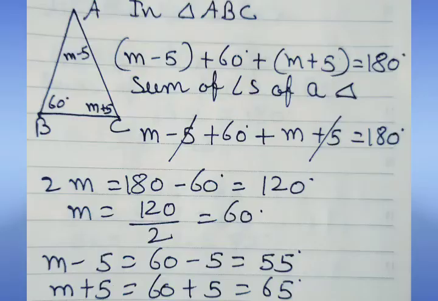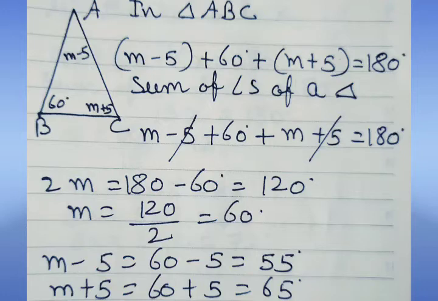Now subpart 4. In triangle ABC, you have to name the triangle, and then m minus 5 plus 60 plus m plus 5 equal to 180 degree. And so m minus 5 plus 60 plus m plus 5 means in this you can cancel plus 5 and minus 5. So what is left? 2m equal to 180 minus 60 equal to 120 degree.